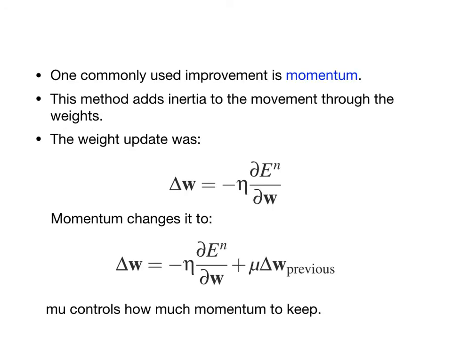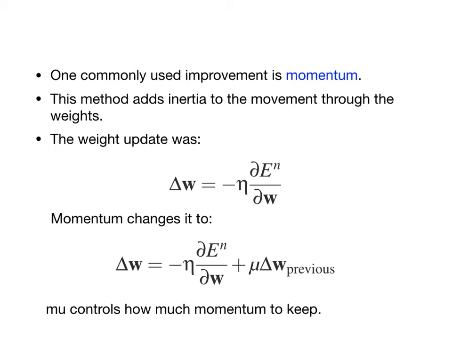There's one commonly used improvement called momentum, and I'm going to go through this because it's used a little bit in the software. The idea is to add inertia to the movement through the weights. The weight update that we saw before was delta W equals minus eta, the learning rate, times the partial derivative of the error with respect to the weight. When you add momentum, you add another term.